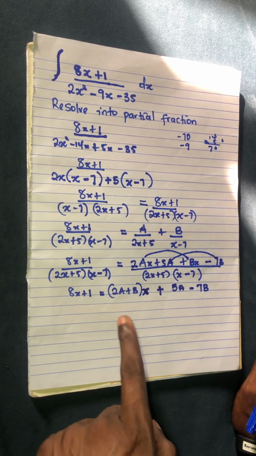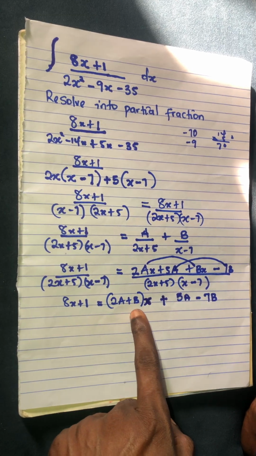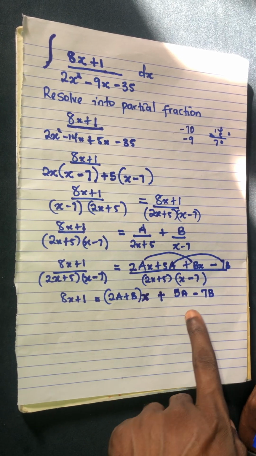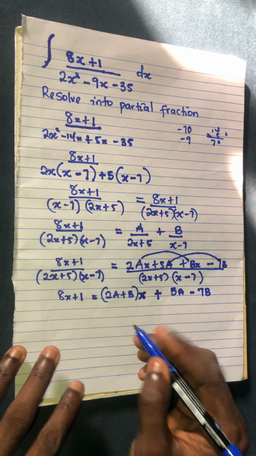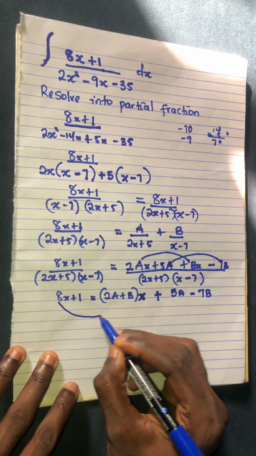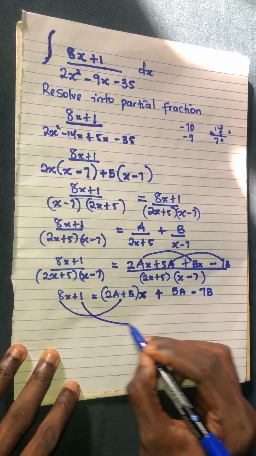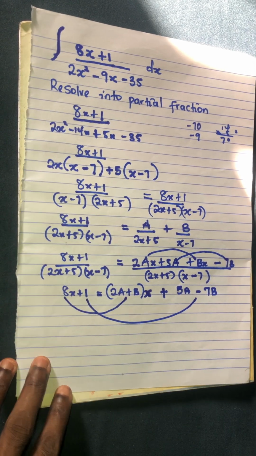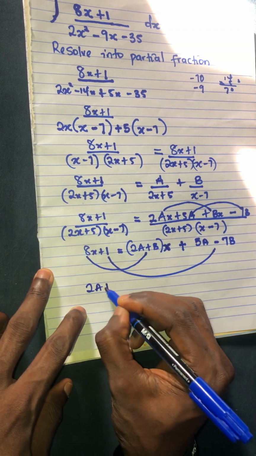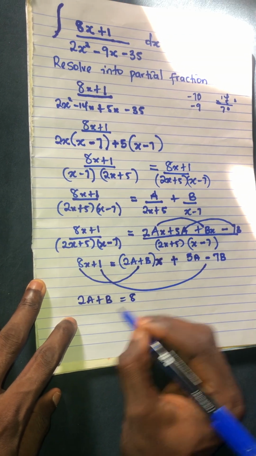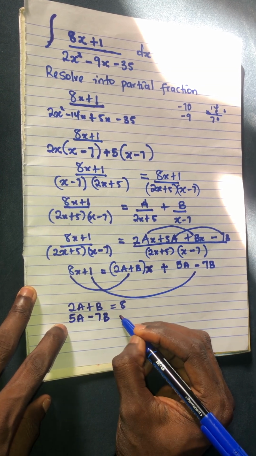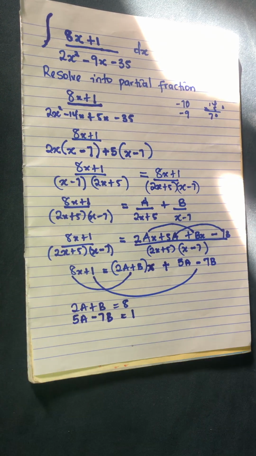So 2a plus b bracket x plus 5a minus 7b. By so doing, x is outside here and x is next to 8. So this will be equal to 8 and this one will be equal to 1, producing a simultaneous equation. So we can say 2a plus b equals 8 and 5a minus 7b equals 1.